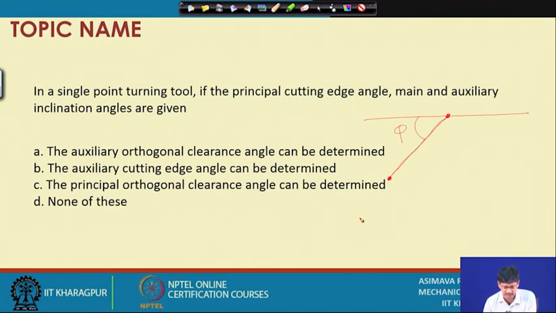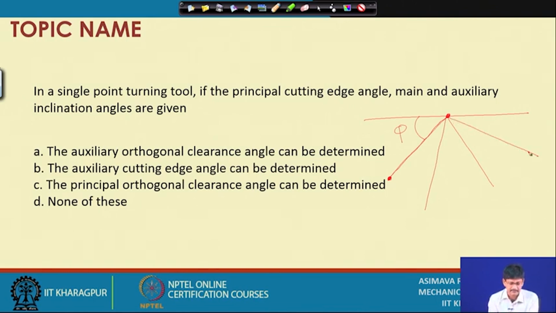I do not at this moment, because it is only the main cutting edge together with its inclination in a vertical plane. But auxiliary inclination angle is given, but where is it, whether it is here or here or here, I do not know.